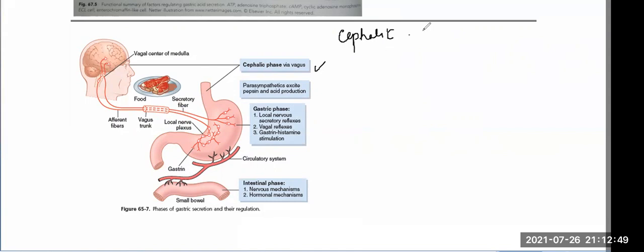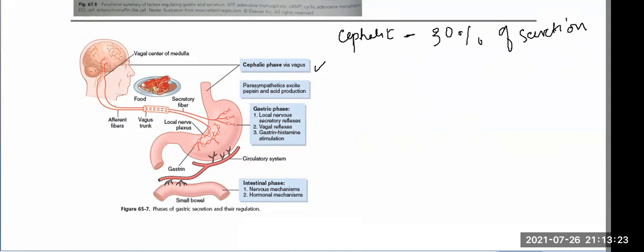The cephalic phase will constitute 30% of secretion, and this is controlled by your brain. The secretion in the cephalic phase by the sight, smell, or taste of the food is caused by the cerebral cortex and in the appetite centers of the amygdala and hypothalamus.